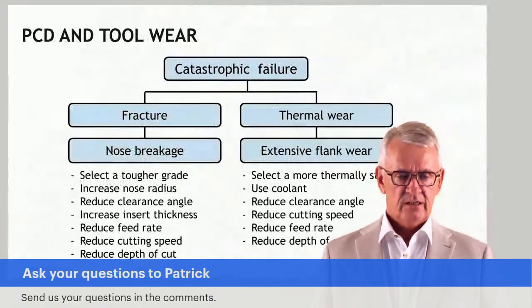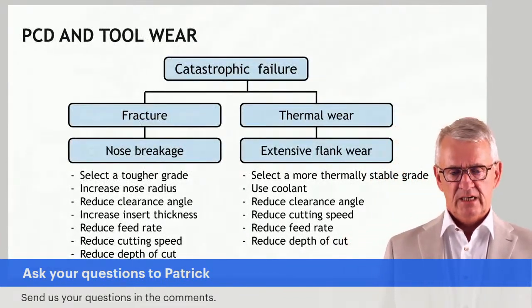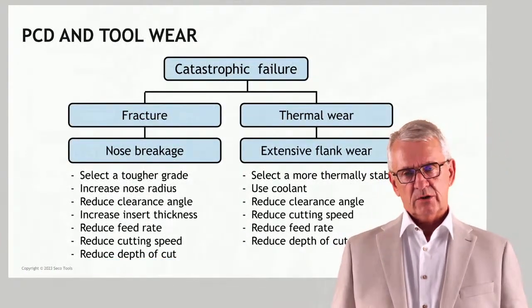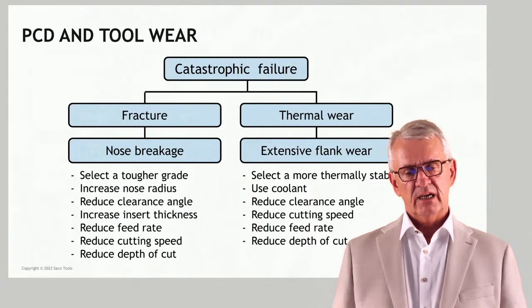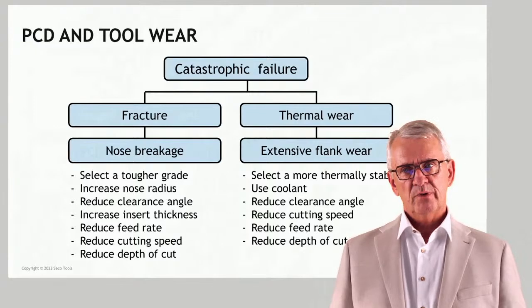You have to be careful with catastrophic failure. Catastrophic failure due to fracture and breakage, very often observed as nose breakage, is a mechanical thing, but there can also be catastrophic failure due to thermal wear. You remember the cobalt: if it's exposed to too much heat, it will expand a lot more than the PCD grains will.